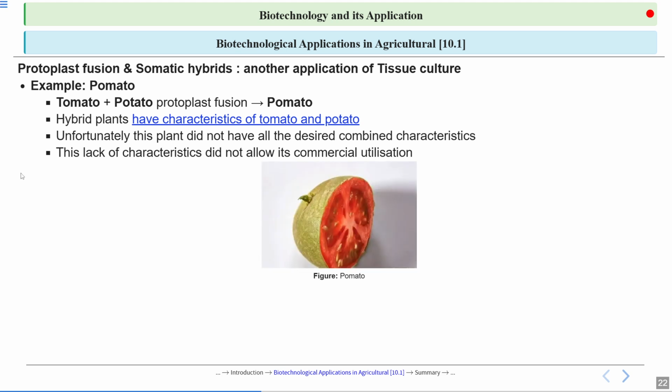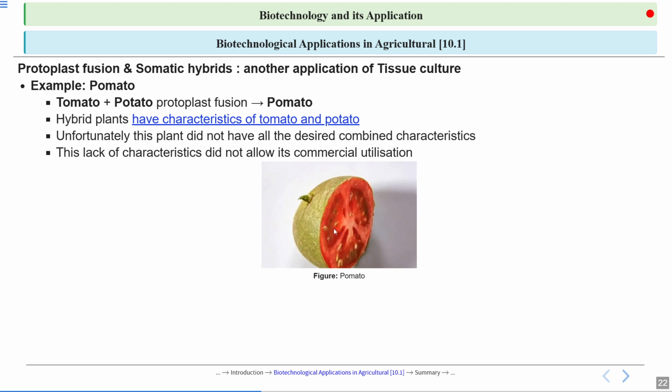Here is how it looks: inside it is tomato, outside it is potato. This was how the pomato looked, which was not desired and did not give us the desired combined characteristics, and that's why it didn't come into commercial utilization.